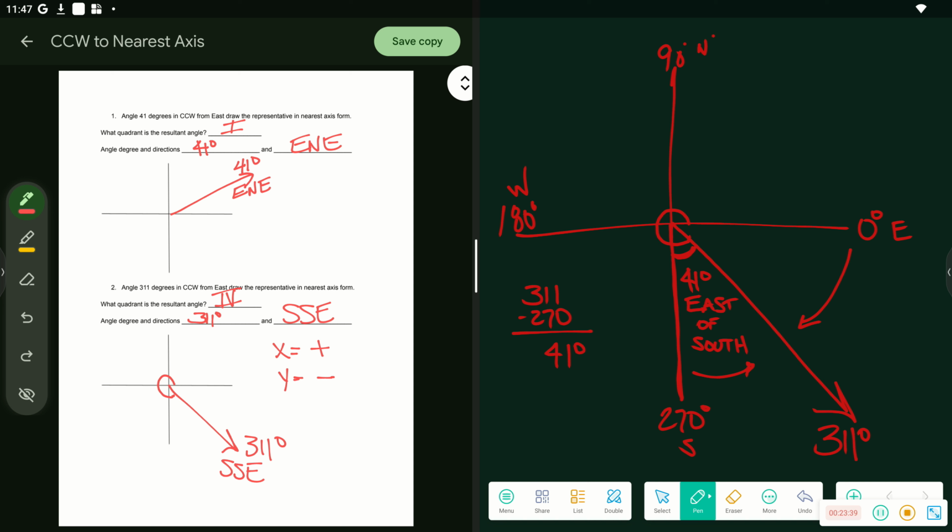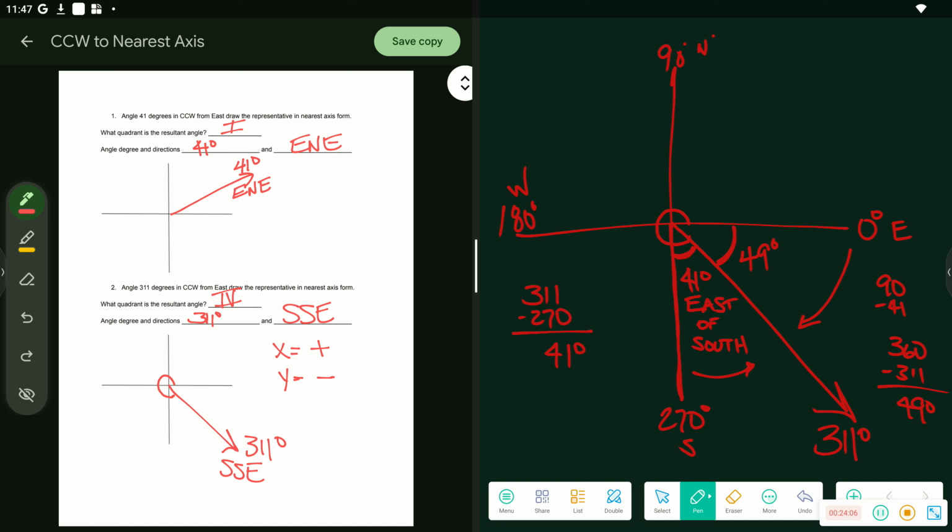So, we know that every quadrant's 90, right? What's this angle going to measure? You can do it two ways. 49. You can do it either 90 minus 41, or you can do it 360 minus 311. Either gets you to the number of 49 degrees. But you're measuring that 49 degrees off the east.